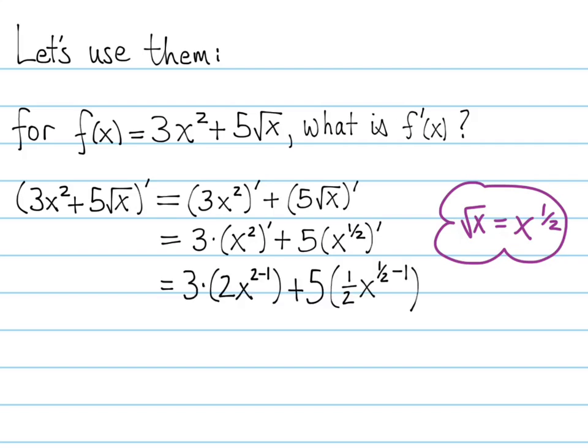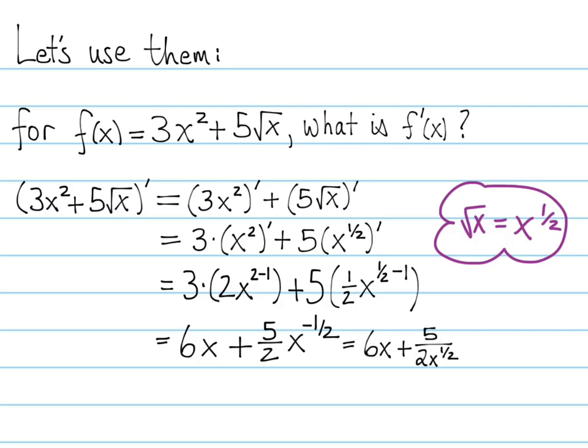The power rule says that the derivative of what's inside the first set of parentheses, which is x squared, is 2 times x to the 2 minus 1. And the power rule says the derivative of x to the half is 1/2 x to the 1/2 minus 1. 2 minus 1 is 1, and 3 times 2 is 6, so 3 times 2x to the 2 minus 1 is just 6x. 5 times 1/2 is 5 halves, and x to the 1/2 minus 1 is x to the negative 1/2, since 1/2 minus 1 is negative 1/2.